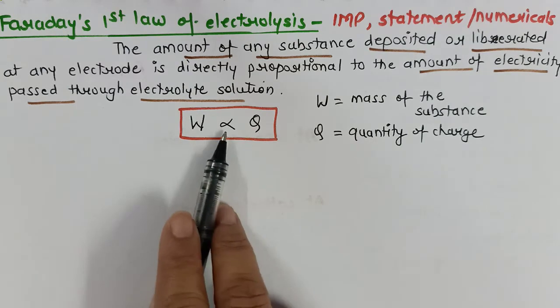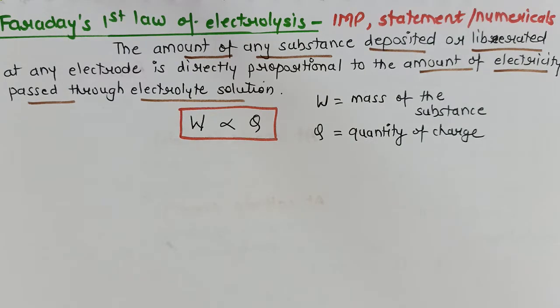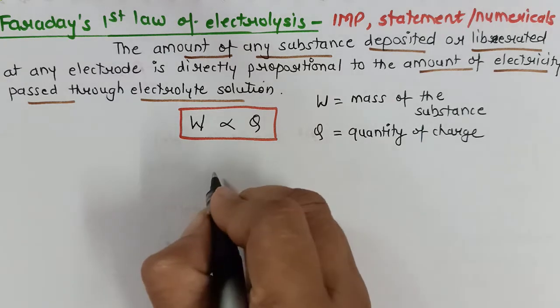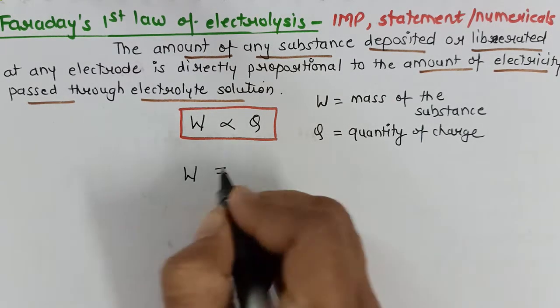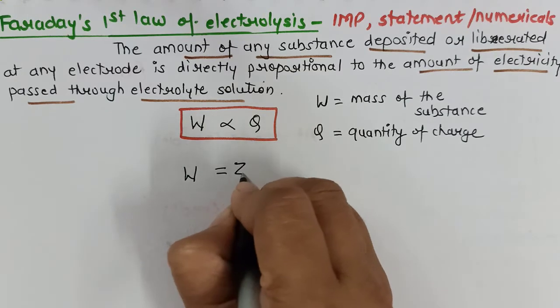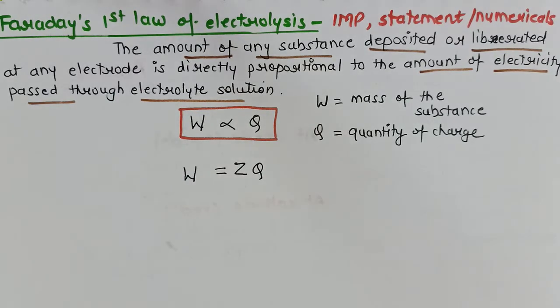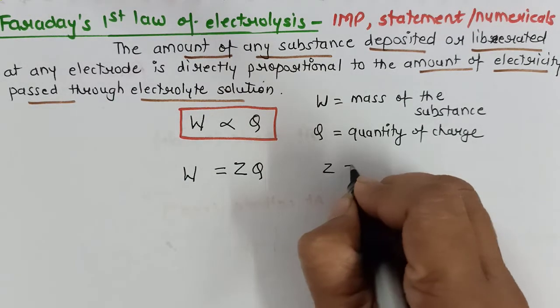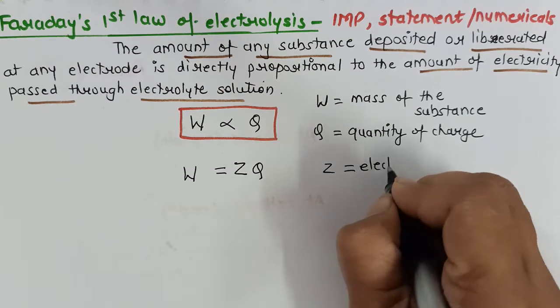We know that we cannot solve numericals with the proportionality sign. We have to convert it into equal to. So when we are converting it to equal to, we are introducing a constant of proportionality Z. And this Z is called the electrochemical equivalent.